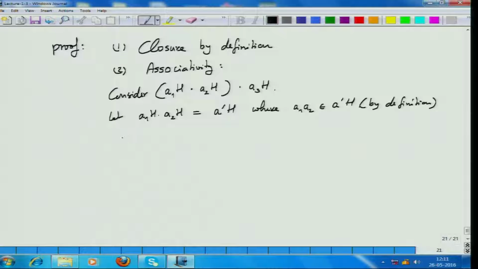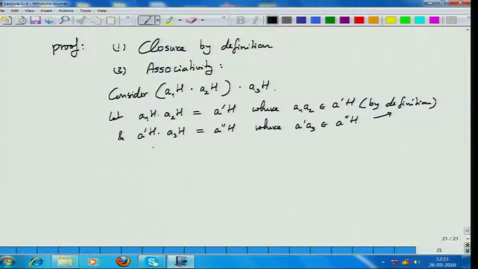And then A'H dot A3H is A''H, where A'A3 is in A''H. This is also by definition, correct?